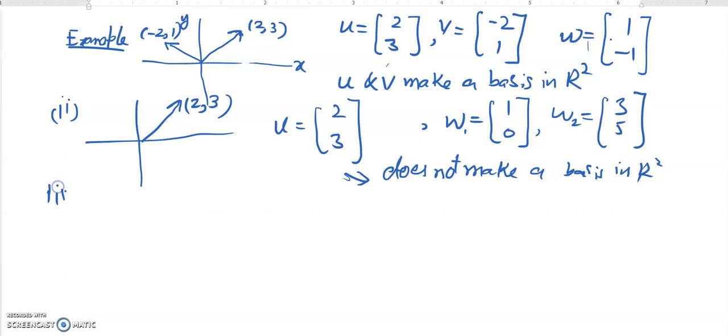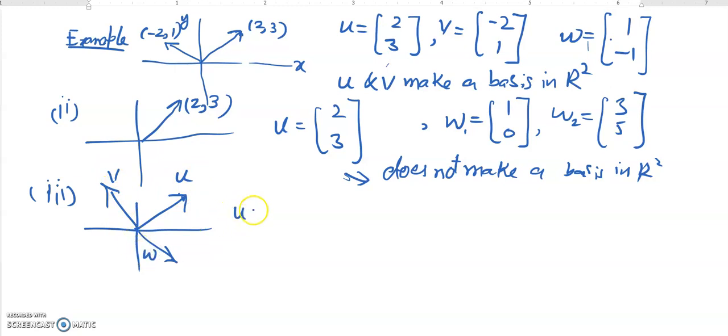Number 3 is if we have 3 vectors. So suppose these are U, V, and W. We can take U as (2, 3), V as (-3, 2).